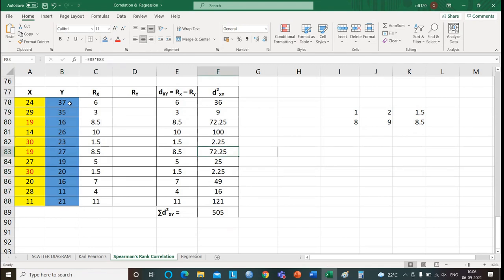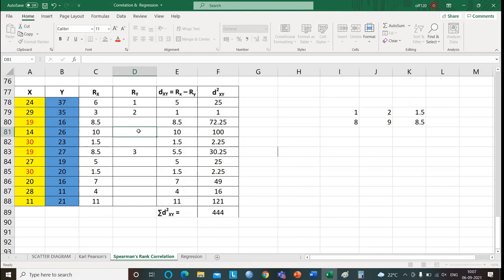Out of the y values, the highest value is 37. There is no repetition of 37, so it is given first rank. The second highest value is 35, so we'll give it second rank. After 37 and 35, we don't have any other values in the 30s. Next, moving on to the 20s, the highest value is 27, so it is third rank.